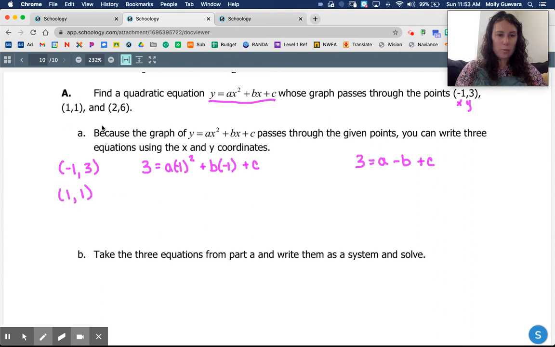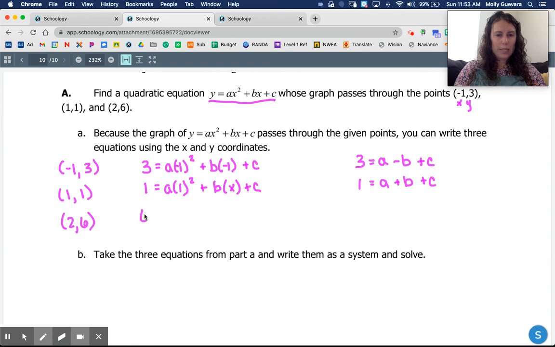So my y value is 1. A times x, which is 1 squared, plus b times x, which is 1, plus c. So if I simplify this equation, I get 1 equals a, since 1 squared is 1 times a is just a, plus b plus c.